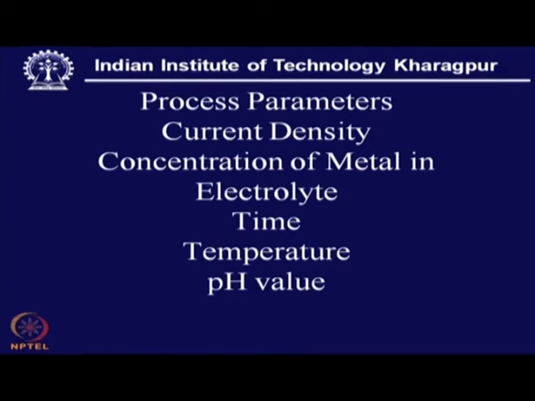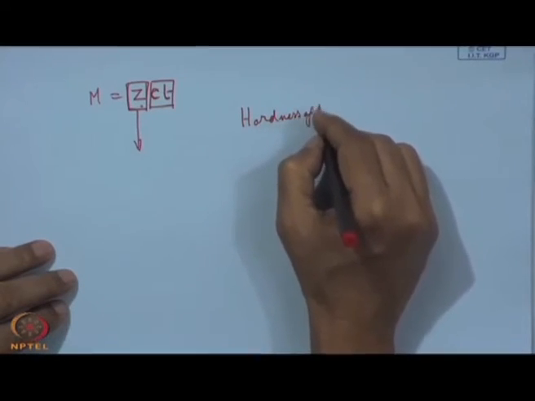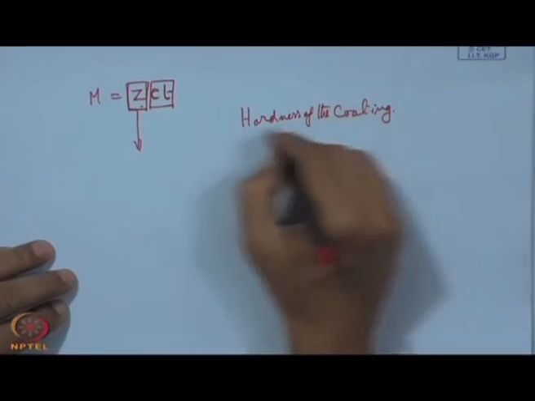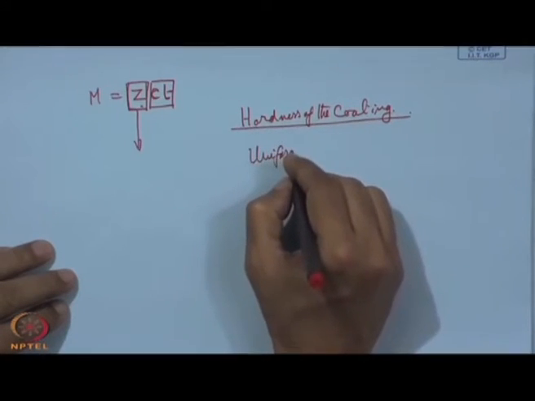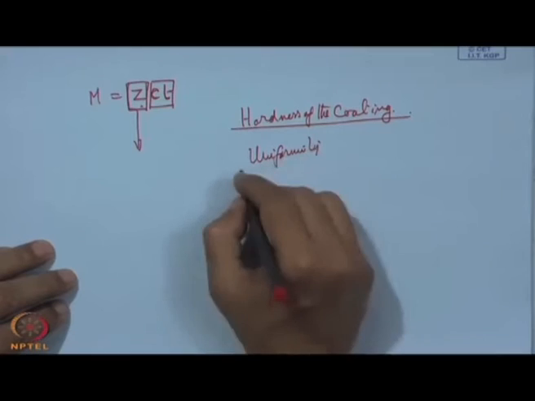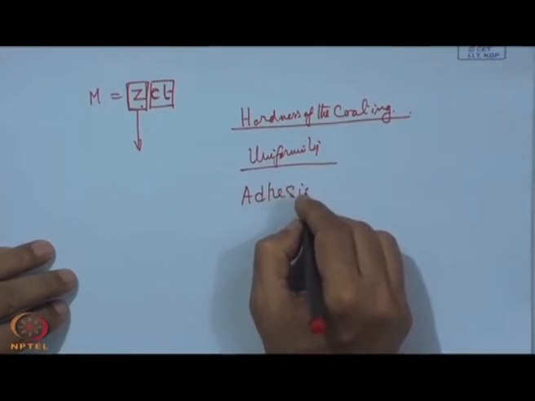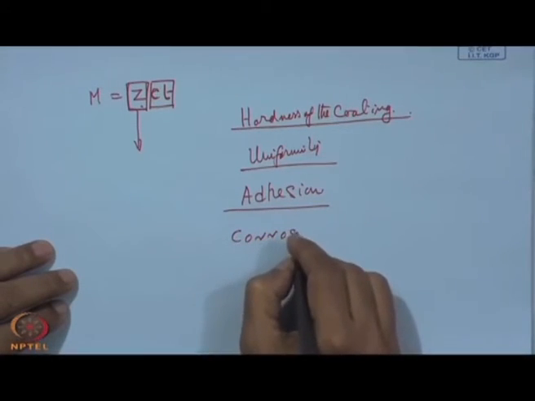Let us see. Number 1, hardness of the coating. Uniformity, adhesion, and then of course corrosion resistance.